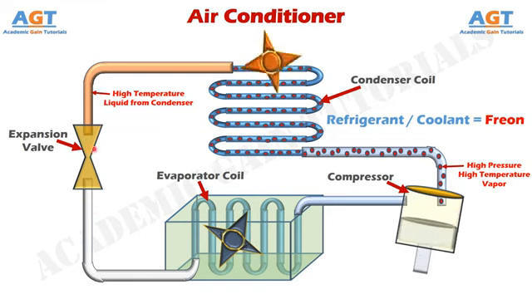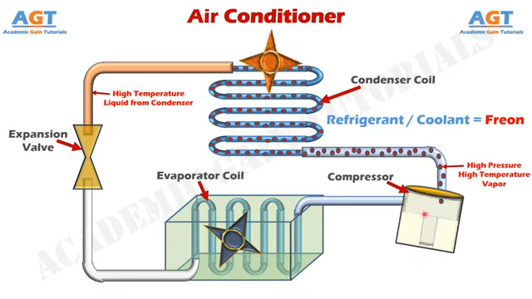This is where the expansion valve comes in. We know that compression and expansion are opposites to one another. Here in compression we needed to increase the temperature of refrigerant, so we increased pressure by compressing the refrigerant Freon and thus increased temperature.